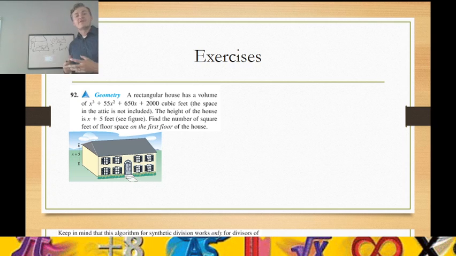Luckily for us, we have an expression for the volume of the house. We have an expression for the height of the house. So V divided by h, volume divided by height, will be x cubed plus 55x squared plus 650x plus 2,000 divided by x plus 5. Let's see what that looks like.